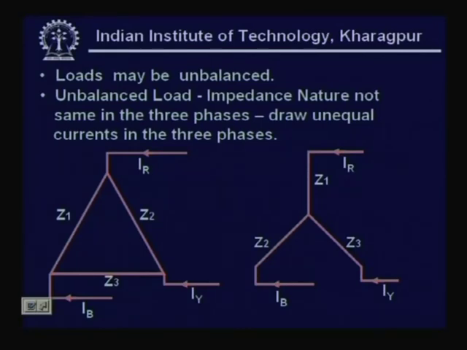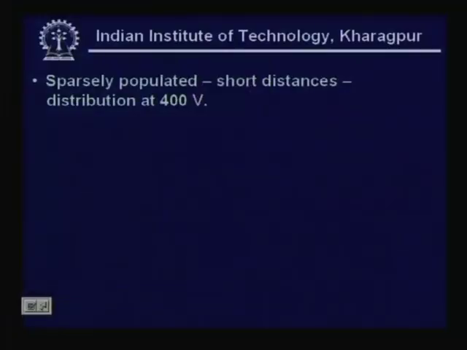Now in this diagram, you can see one thing, I have not put same impedance Z in all the three phases of delta or star. They are marked as Z1, Z2, Z3. That means each phase has a different impedance. Maybe resistance is different, maybe reactance is different, maybe both are different. In either case, it becomes unbalanced. This is how one could see that the loads could be balanced or unbalanced.